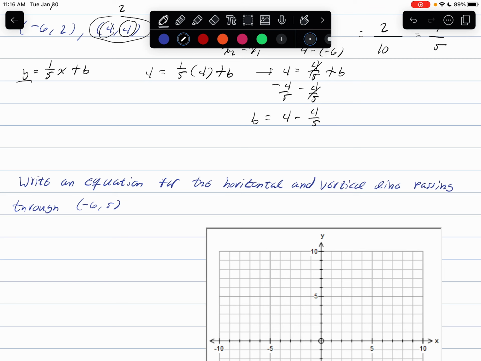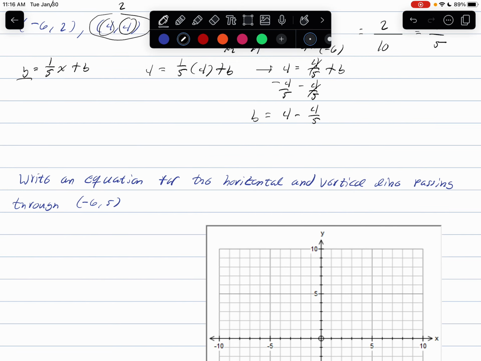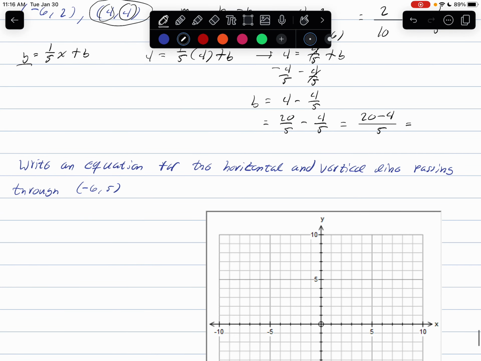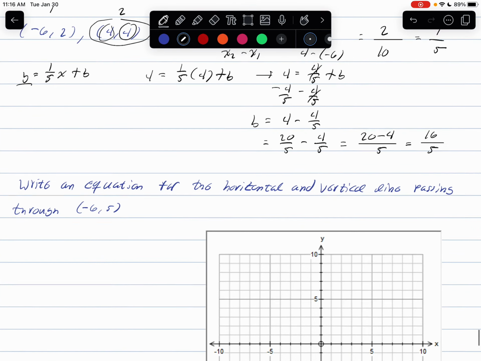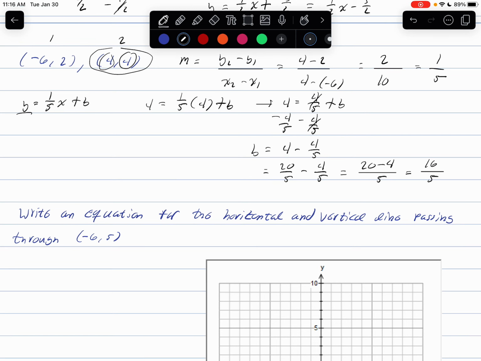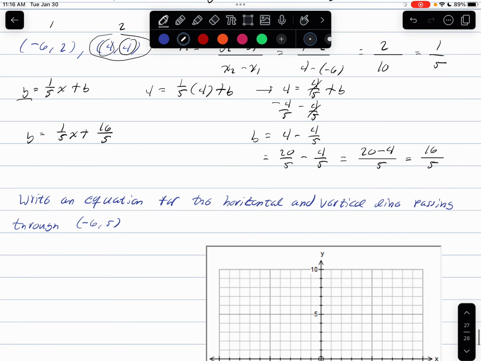So we can multiply this by 5 over 5, and that's going to give us 20 over 5 minus 4 over 5, which is 20 minus 4 over 5, or 16 over 5. So our line is going to be given by y equals 1/5 x plus 16 over 5.